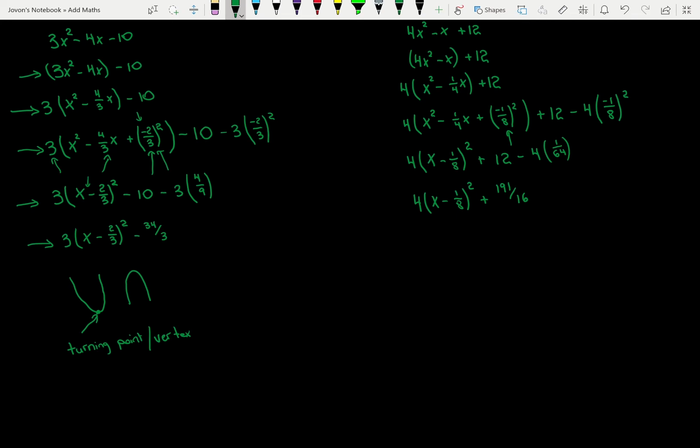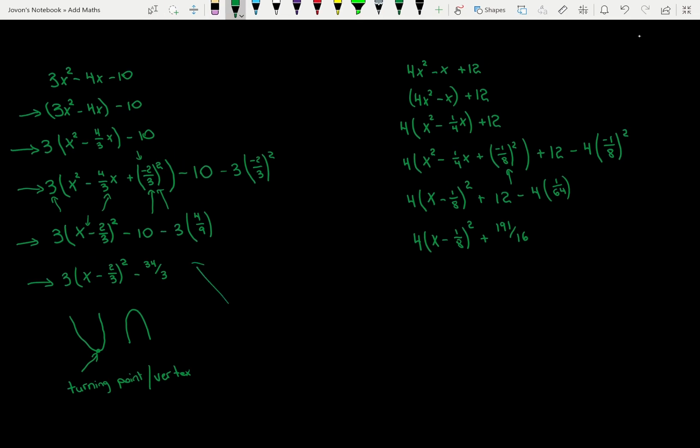Let's use this example here: 3x squared minus 4x minus 10. If we were to plot a graph of this function, this tells us the coordinate of the minimum point. To get the coordinates of the minimum point, we look inside the brackets.